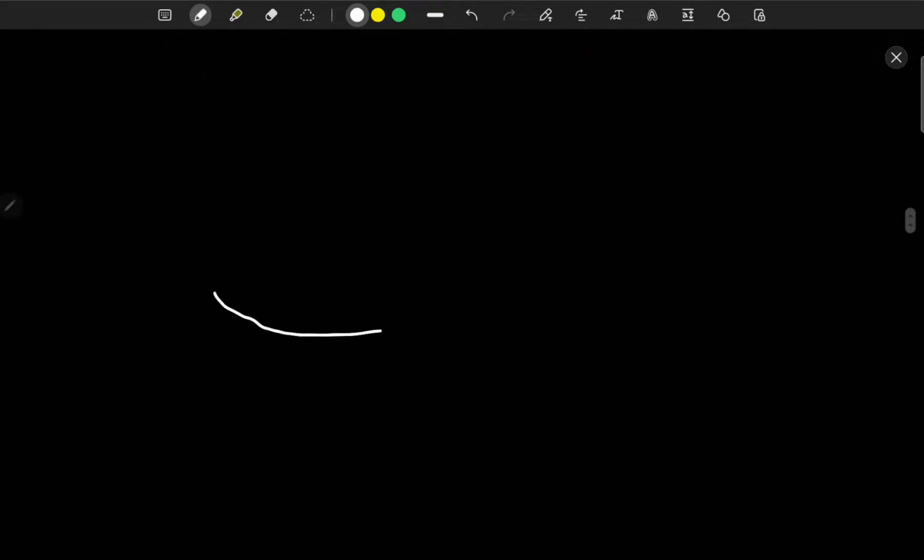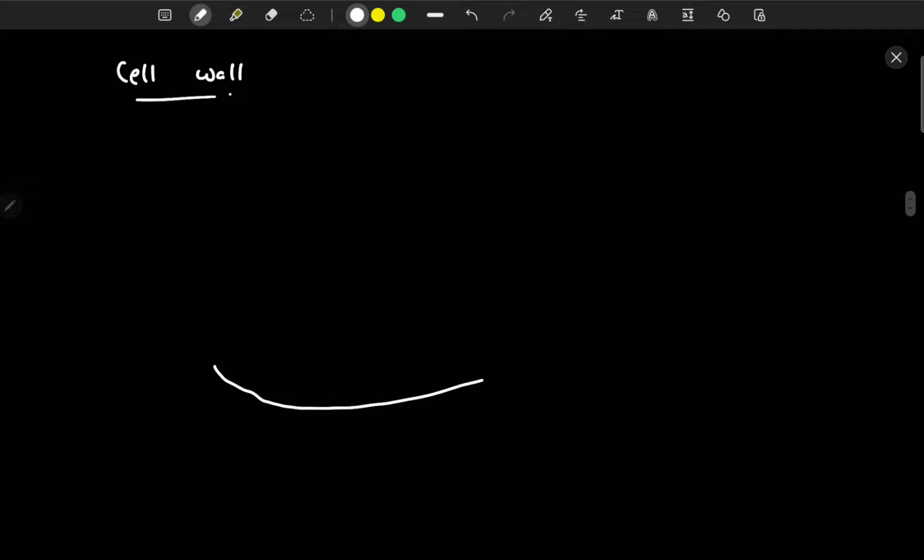So if this is the cell membrane of the bacteria, here we have N-acetyl glucosamine. This N-acetyl glucosamine will be converted into N-acetyl muramic acid by the addition of phosphoenol pyruvate, in the presence of an enzyme, enol pyruvate transferase.